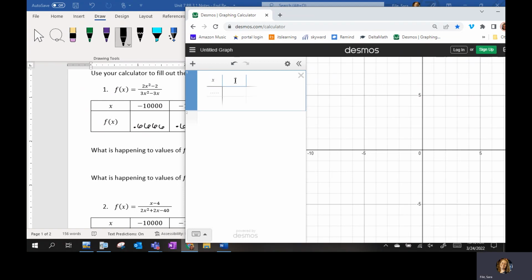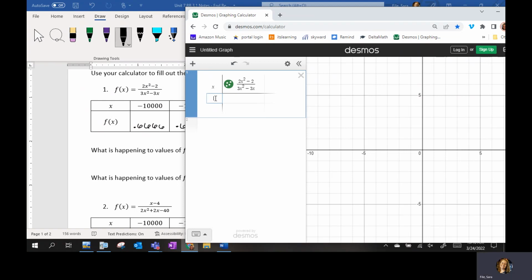So I'm going to put (2x) squared over 3x squared. So instead of having a y column, I have the actual function typed out there.